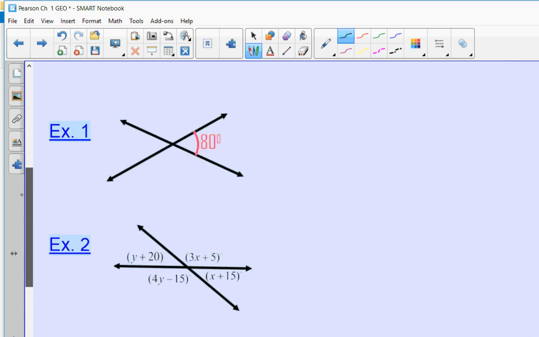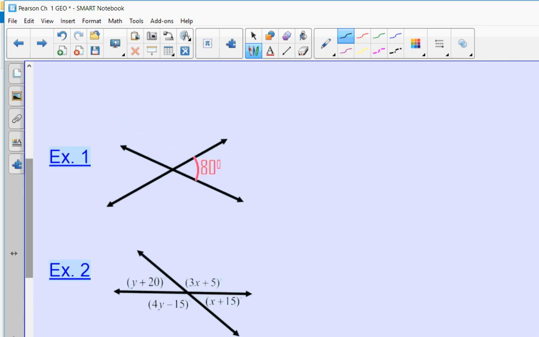Okay. So let's do a couple things here. They want to know the measure of the other angles. If this one's 80, it's vertical with this angle over here. So vertical angles are supposed to be congruent. So this one has to be 80 degrees also. Okay. But I want you to look at something here too. I've got a straight line. I'll look at this one right here.